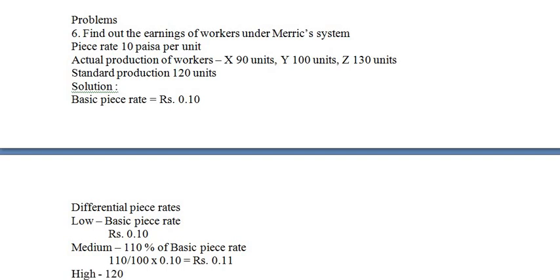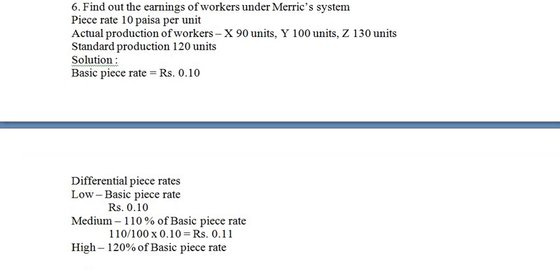Next we need to calculate high. High piece rate is 120% of basic piece rate. So that is 120 divided by 100 into 0.10, which is equal to rupees 0.12.